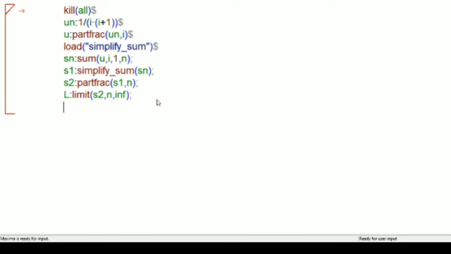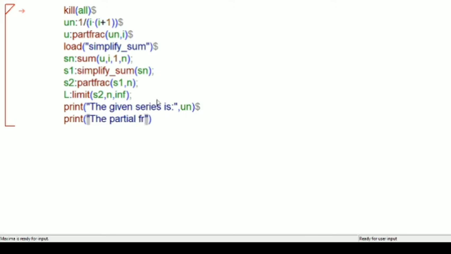Now let's print what your given series is. Print the given series is, what was your given series? Yes, it is stored in un. Okay, then print the partial fraction. What is your partial fraction?